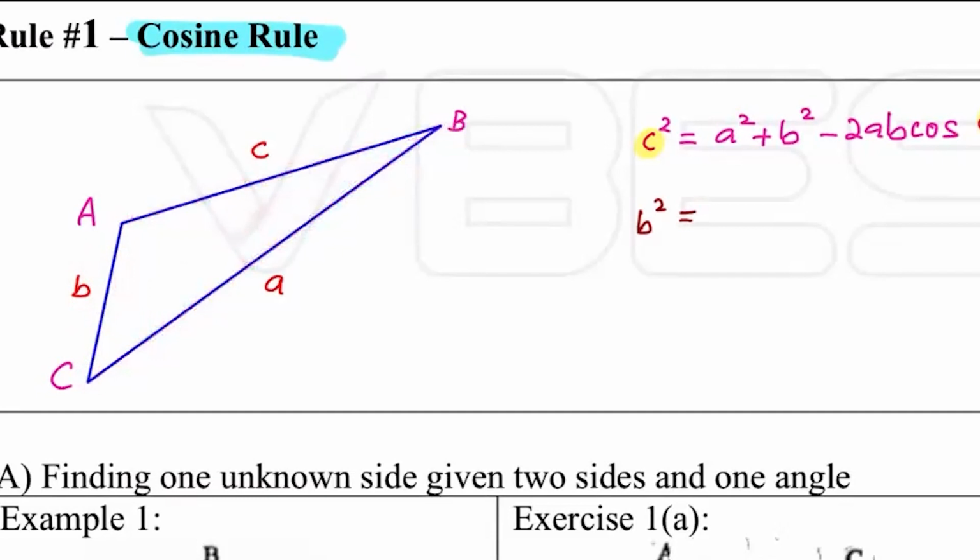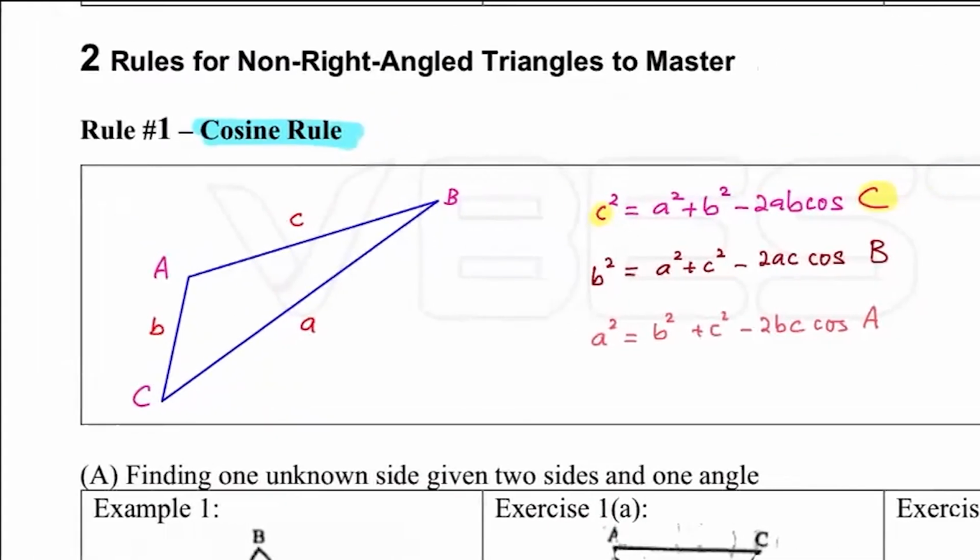So to find b square, I have a square plus c square minus 2ac cos B. And to find a, it's the same: a square equals b square plus c square minus 2bc cos A. This is how we apply the cosine rule.